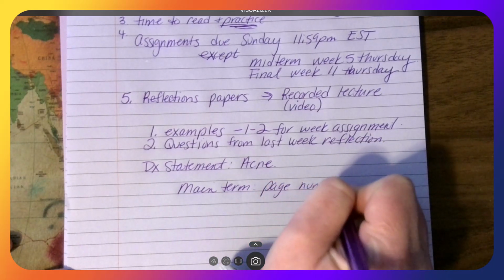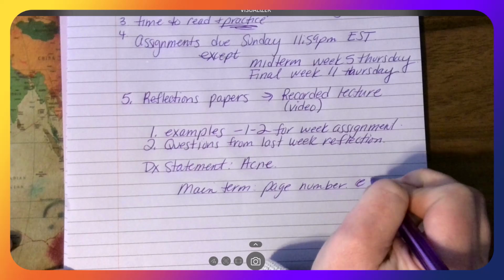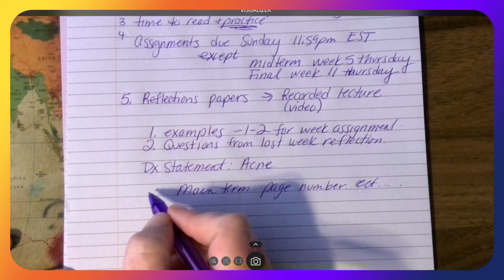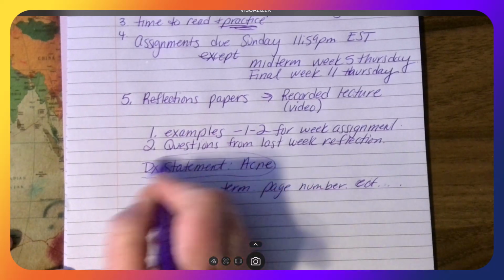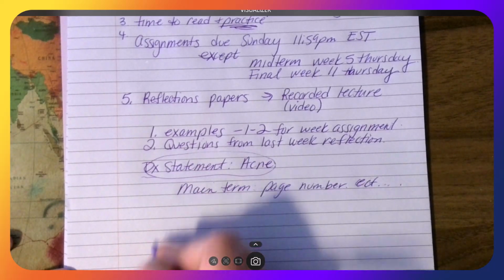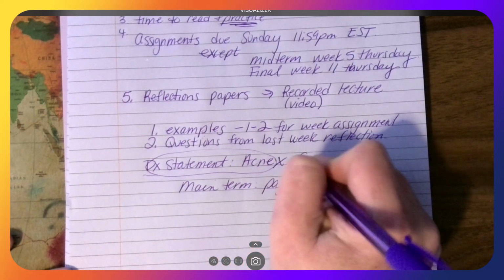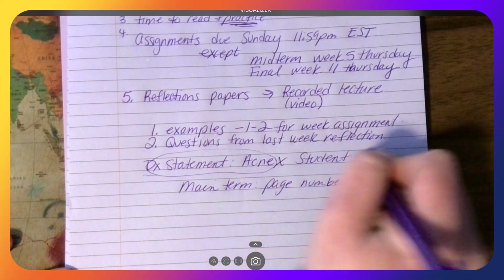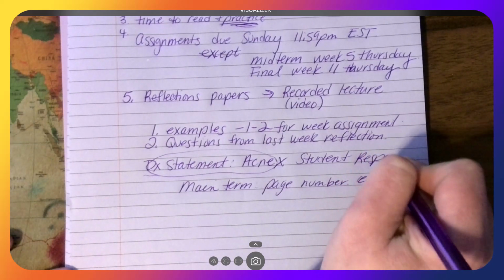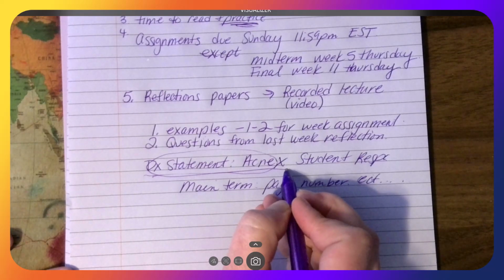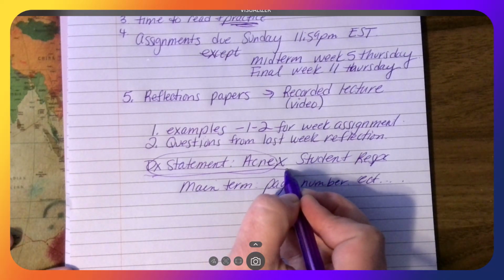Again, don't have to worry about this right now. So we're just going to say, etc. And then I'll go over that example to see if you got the correct code. But that again is student responsibility to provide me with the examples if you want more examples than I'm providing.